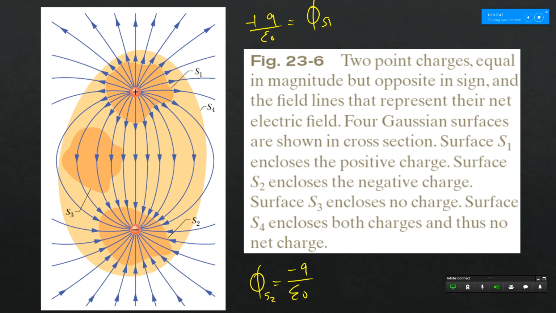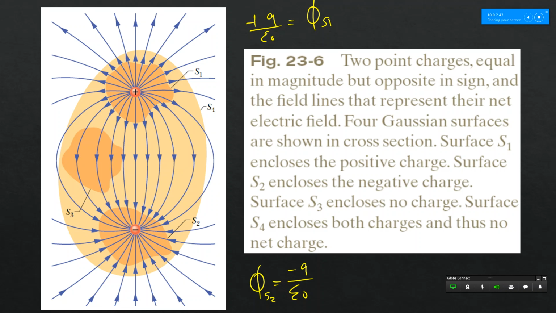Let me ask you guys a question here. What do you notice about the electric field lines coming out of this surface? They follow the direction of the arrows? Okay, yeah, they follow the direction of the arrows. What direction is this? Are they all outwards or are they all inwards? All outwards. If they were all inwards, like this one, it would be negative.